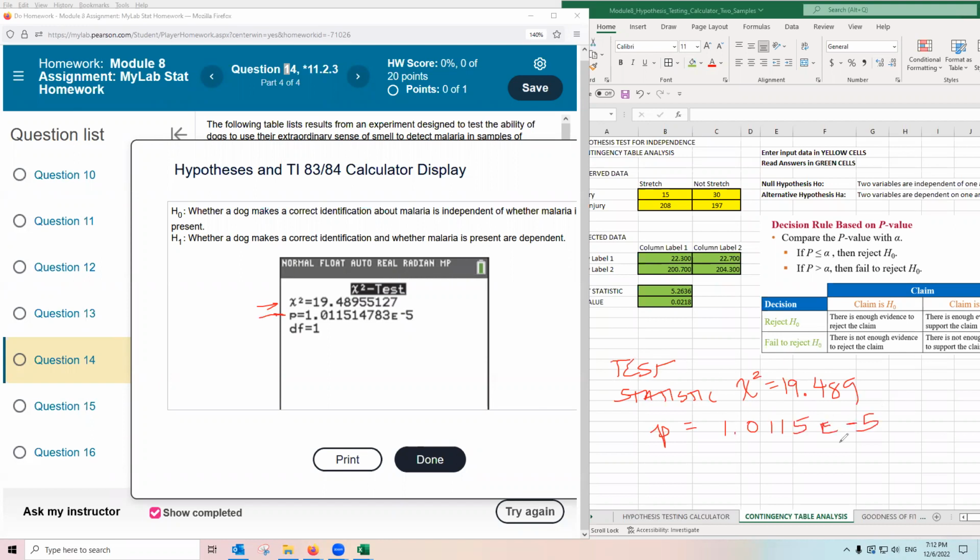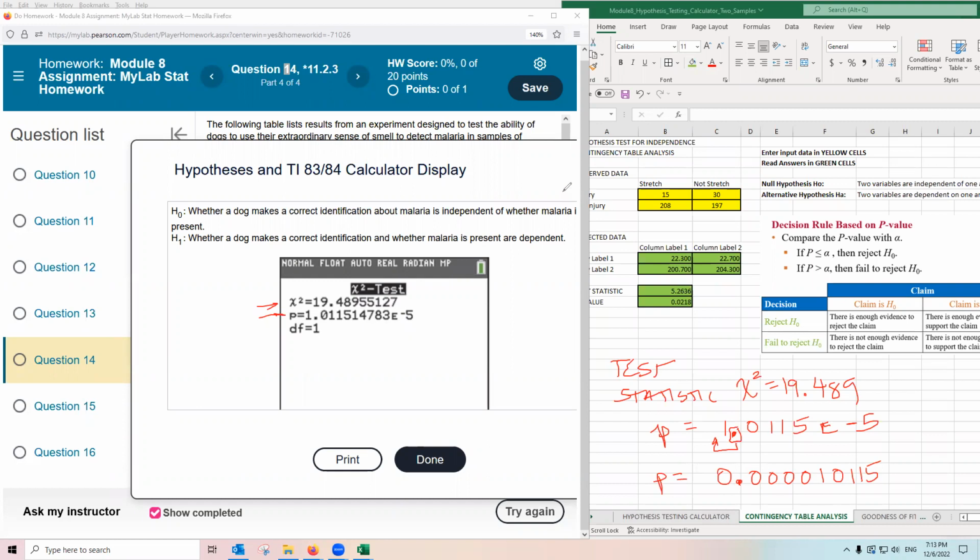Well, e to the -5 is a shortcut for scientific notation. When you see e to the -5, it's telling you to take this decimal point and move it to the left 5 places. So really this p-value is going to be 0.00001 0115. It's a shorthand way to say the p-value is a very, very small number. Essentially, the p-value is 0.